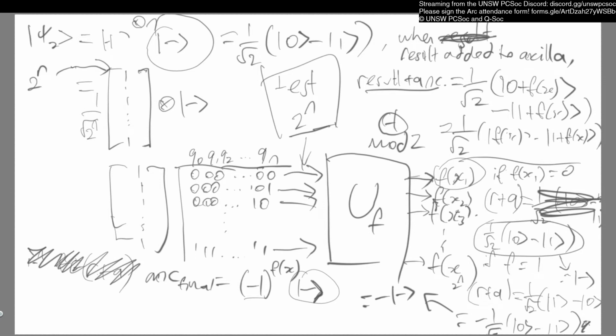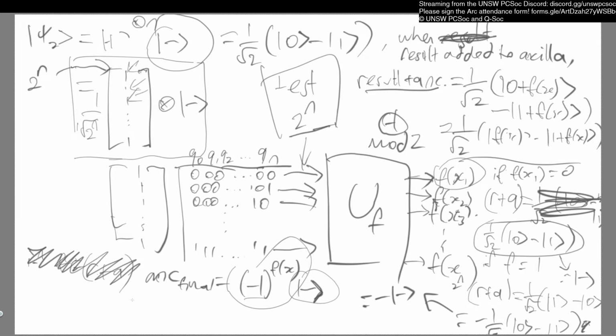We have to think about what it really means in terms of the state vector. So after the computation, these minus 1 to the f of x will actually all be multiplied onto each of these elements. And I'll explain why.